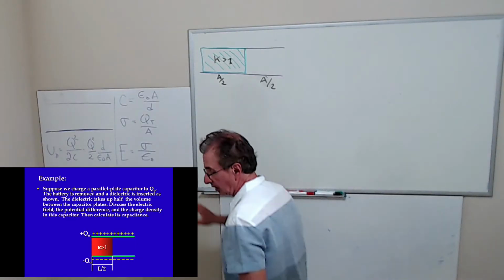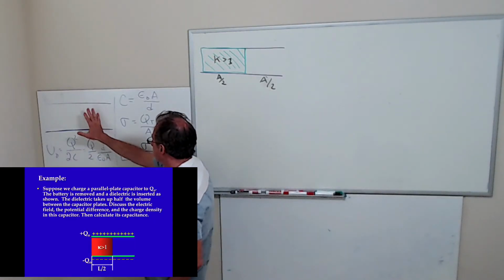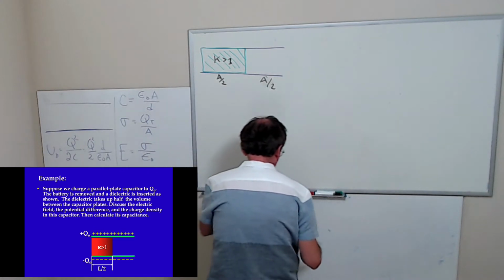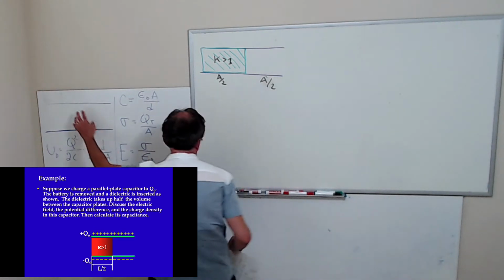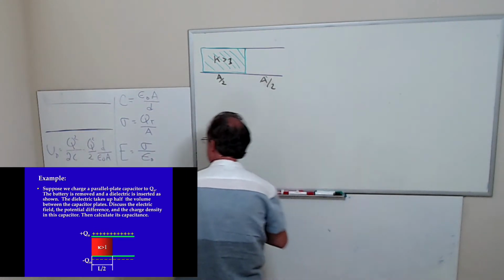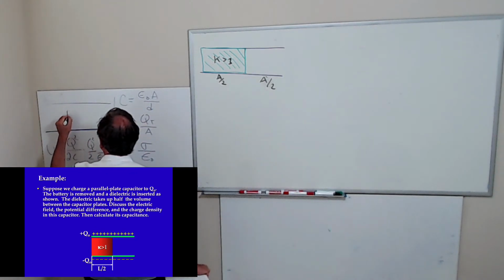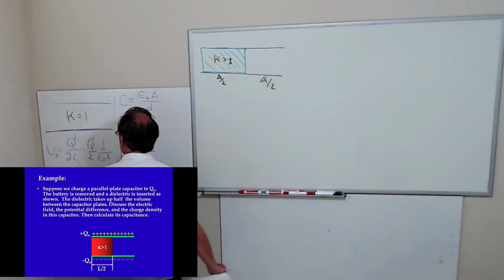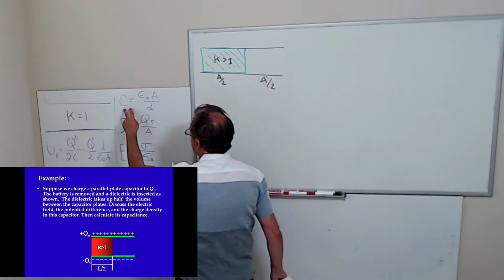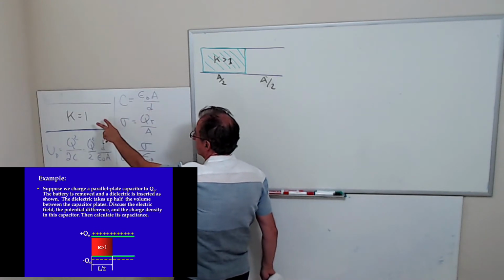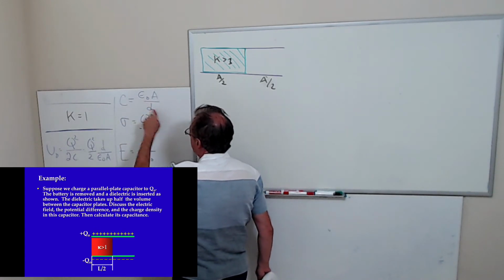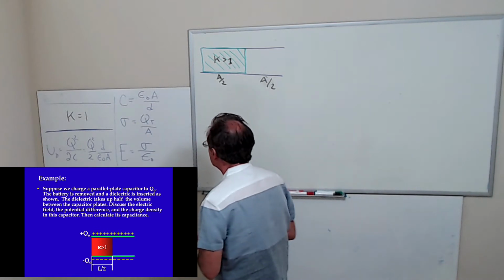So here I've drawn the capacitor. There's no dielectric here, so kappa is 1. The capacitance of this device is epsilon naught A over D, as we know.